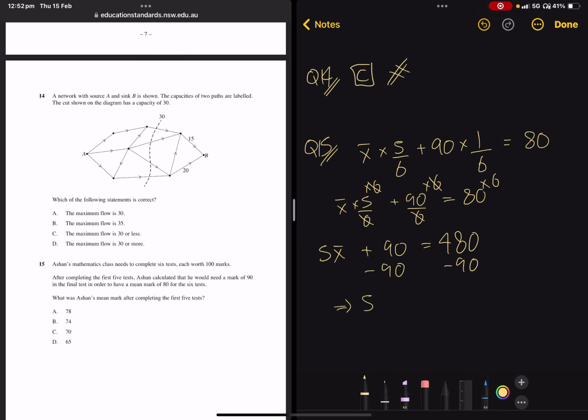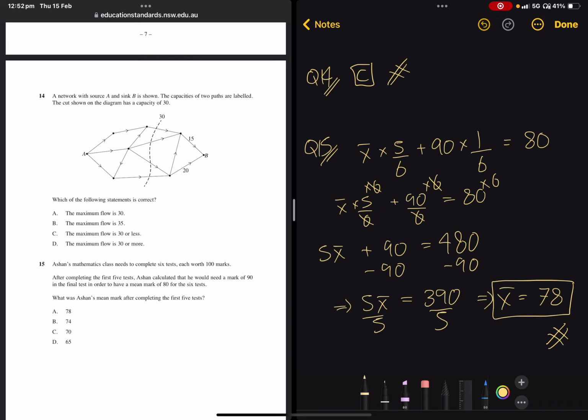This will give us 5 times x bar is equal to 390. Divide both sides by 5. This will give us x bar is equal to 390 divided by 5. That is 78. So his average across the first 5 tests was 78.